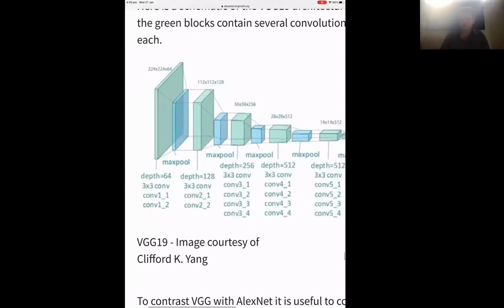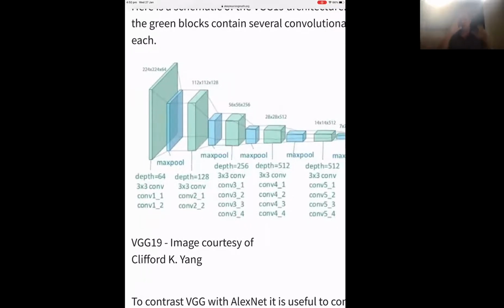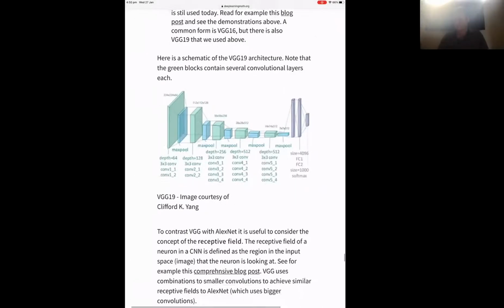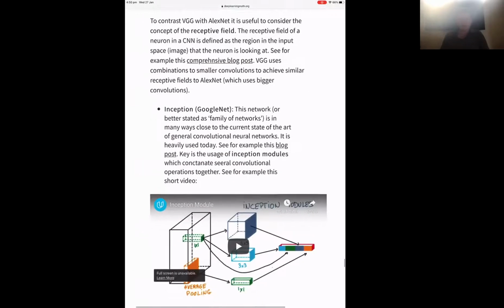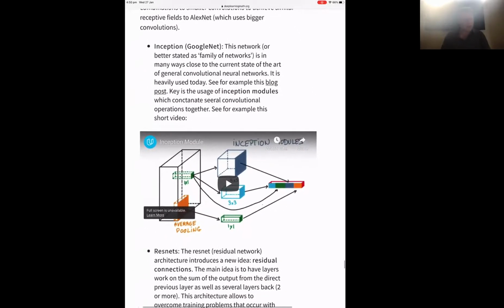You're going down in the XY dimension, the width and height, and then making the depth dimension bigger. And it turned out that this thing just rocked and did wonderfully.